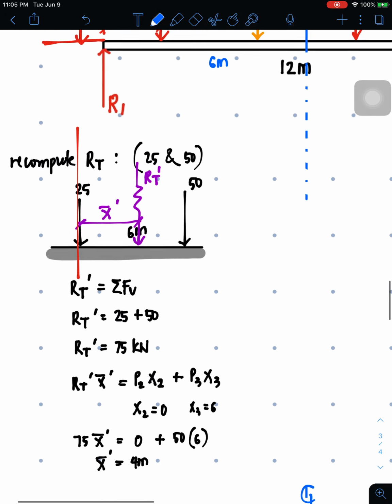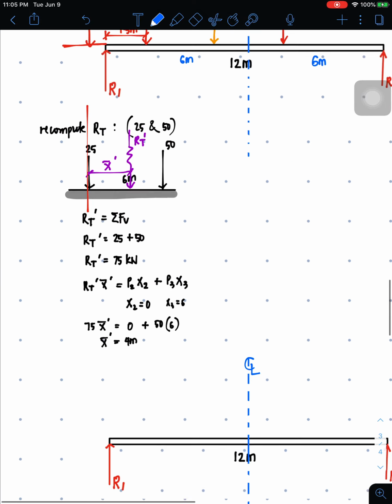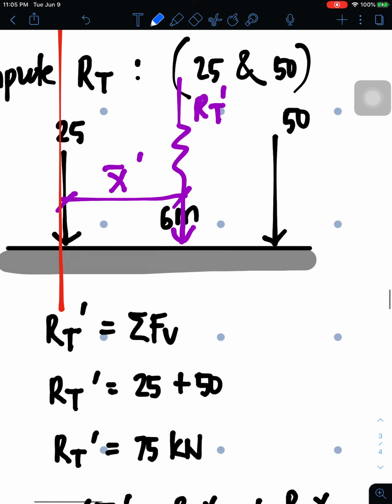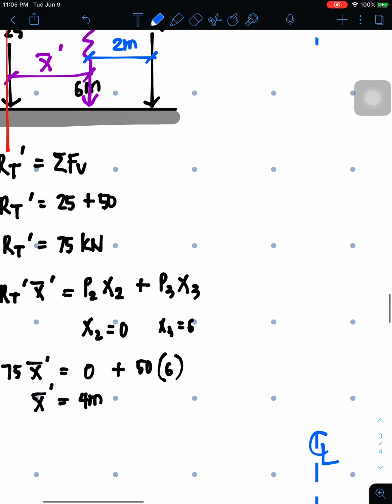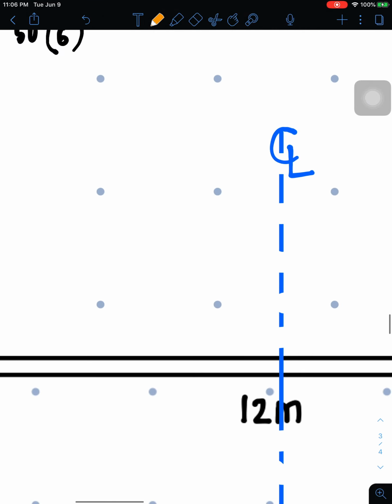Then now we'll only be considering the resultant and this one, the new. So what is the distance between the two? This is 6 minus bar x prime. It's 6 minus 4. So this is 2 meters.